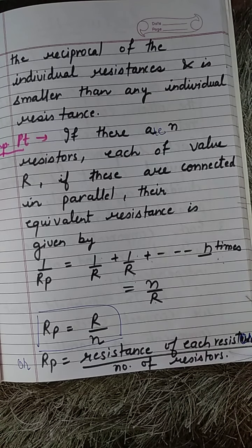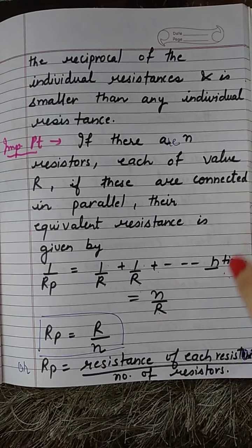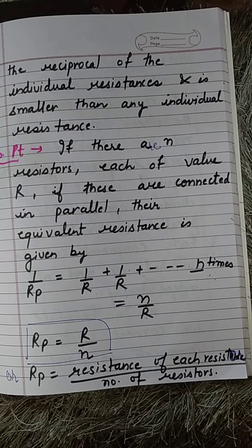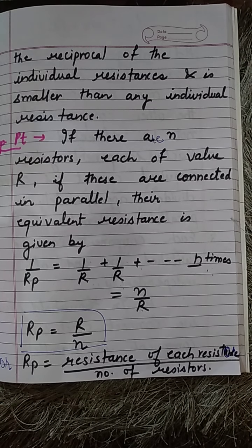Fine. So up to here we are going to recapitulate once what we have discussed in series combination and parallel combination. In parallel combination, the connections will be joined parallelly, whereas in series combination they will be joined end to end. Then in series combination current will be constant, but in parallel combination voltage will be constant.